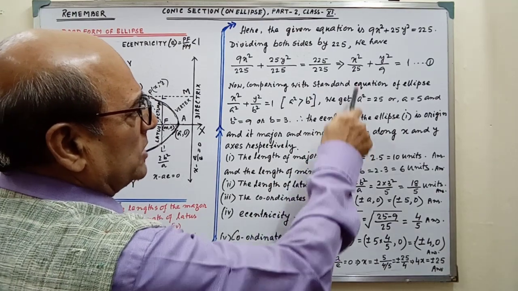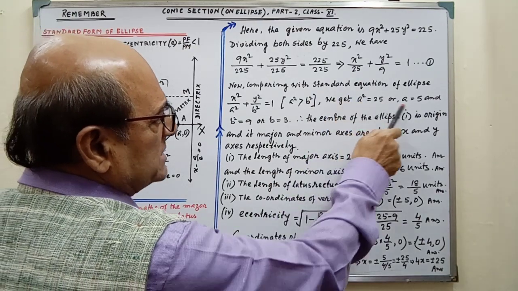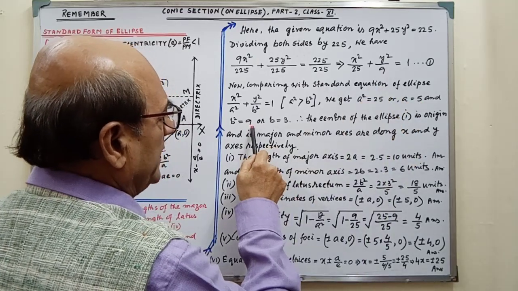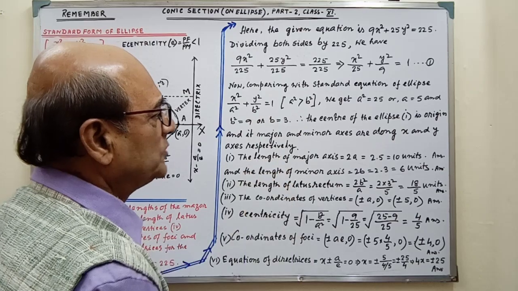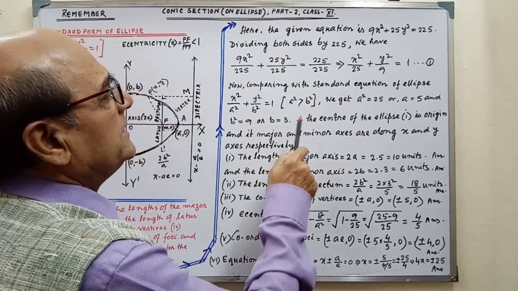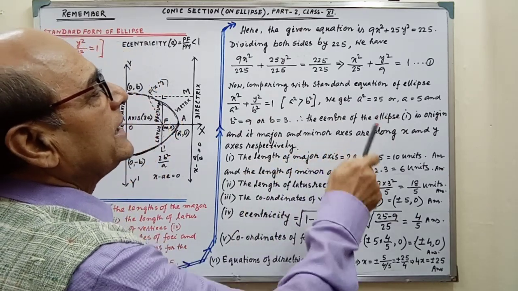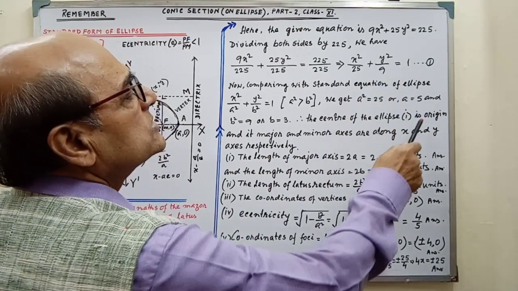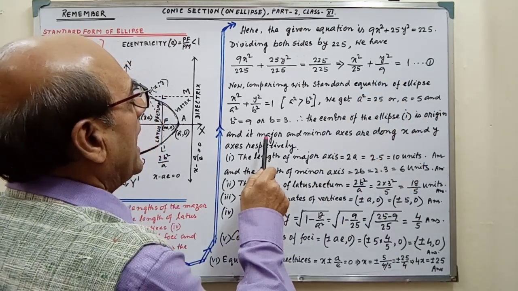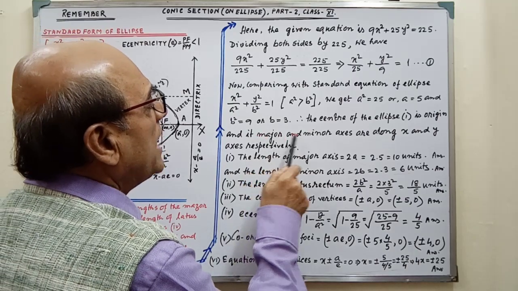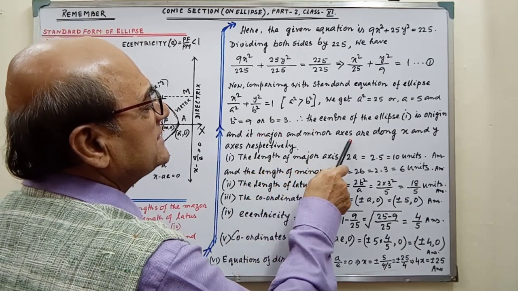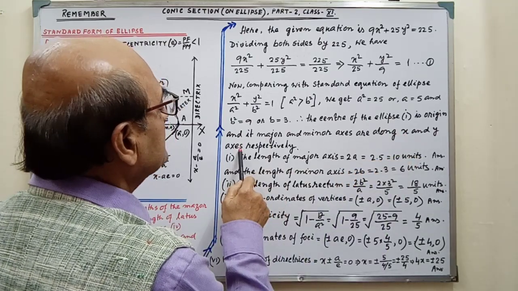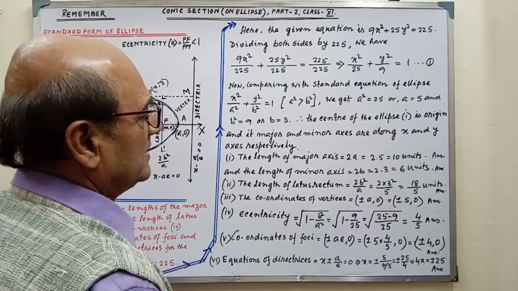Here a square equal to 25, and simplifying, a equal to 5, and b square equal to 9, by simplifying b equal to 3. Therefore, the center of the ellipse of this equation is the origin, and its major and minor axes are along x and y axis respectively.